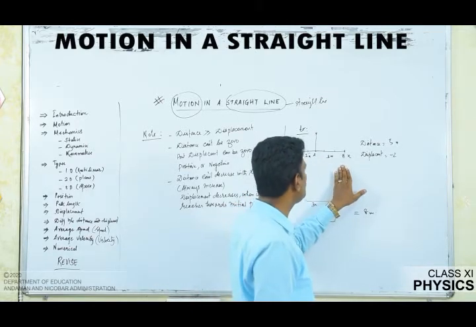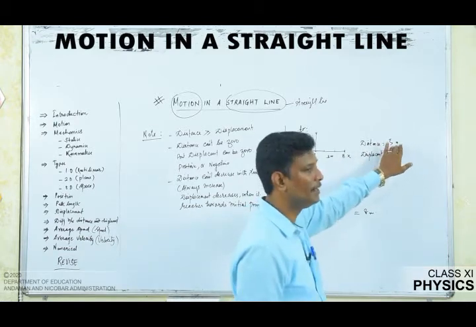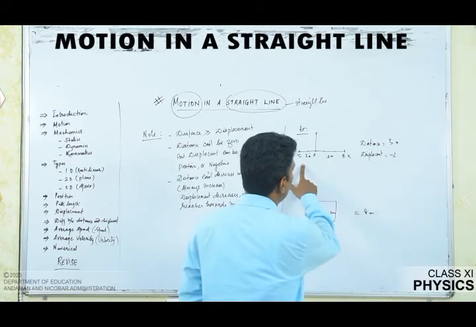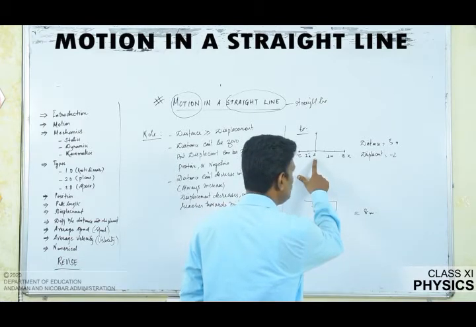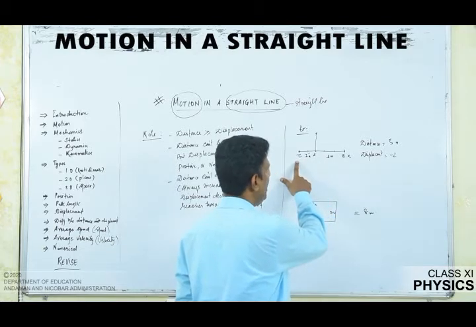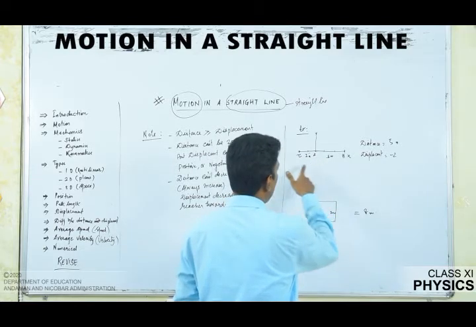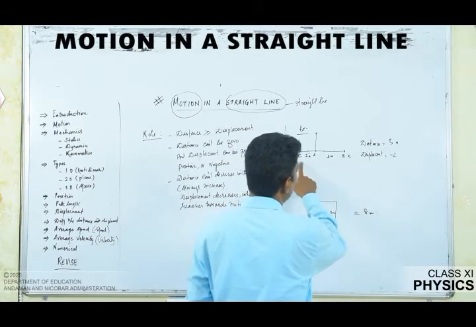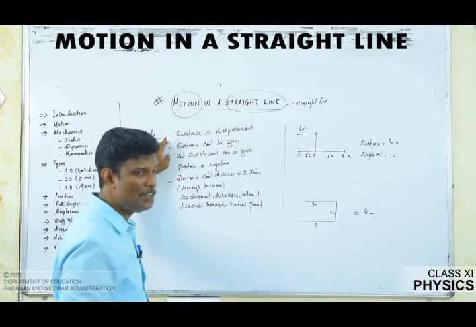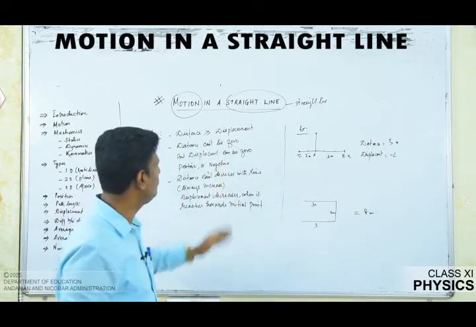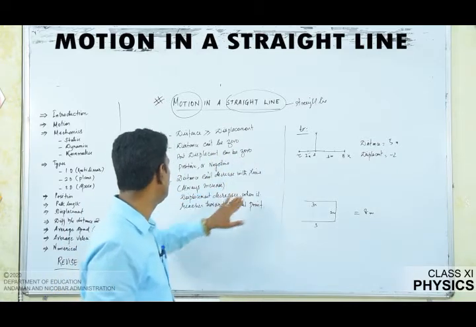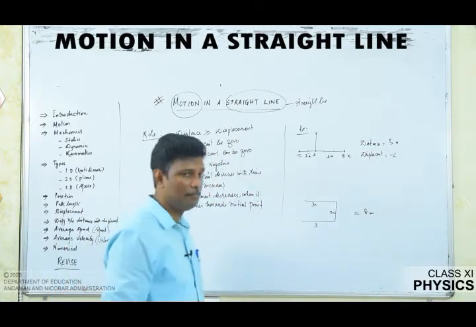Total distance covered is 3 plus 2, that is 5 meter, but in the case of displacement, the initial position is A and the final position is C, and it is on the negative side. So, it is minus 2. So, we can collectively say the distance cannot be 0, it is always positive, and the displacement can be 0, positive or negative.